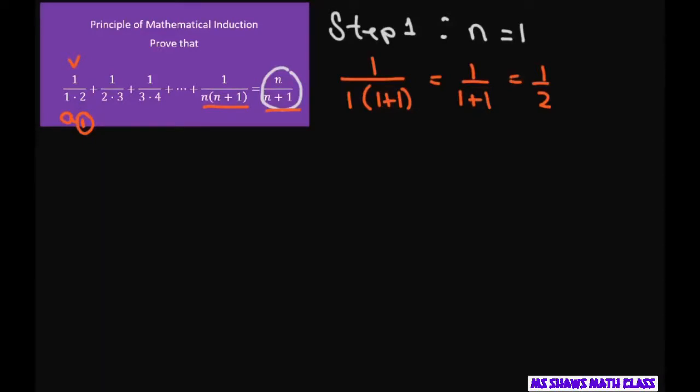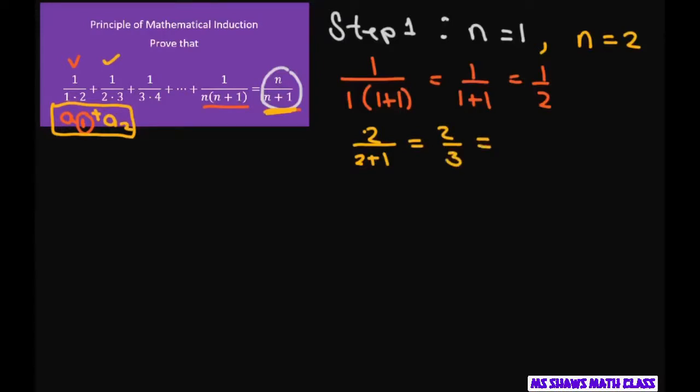But before we go to step 2, let's look at n equals 2. What does that mean? For n equals 2, that means the sum of the first two terms here. So I plug 2 into this, and you get 2 divided by 2 plus 1, which equals 2/3.